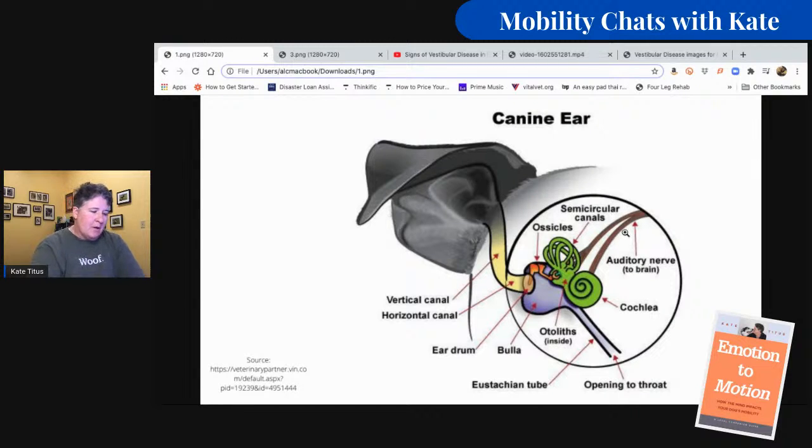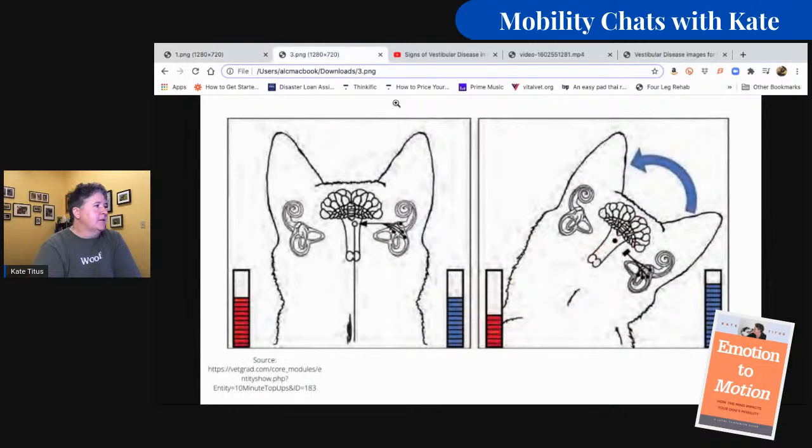Okay. All right. So there are two important things that you need to understand about the vestibular system. One is how it maintains balance. And let's take a look at another picture here. How it maintains balance and the coordination of the head and the eye movement. I really like this image, primarily because it really shows it as a whole.